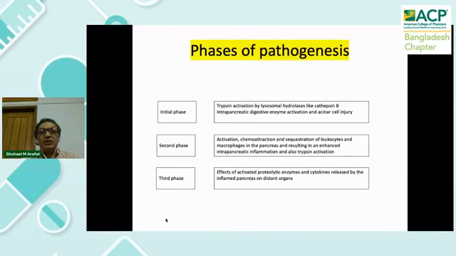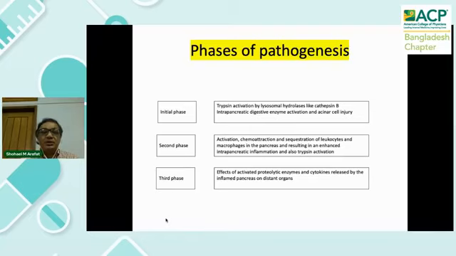In the initial phase, trypsin is activated from trypsinogen by lysosomal hydrolases like cathepsin B. This causes intrapancreatic activation of other digestive enzymes and acinar cell injury. In the second phase, there is activation, chemoattraction, and sequestration of leukocytes and macrophages in the pancreas, resulting in intrapancreatic inflammation.